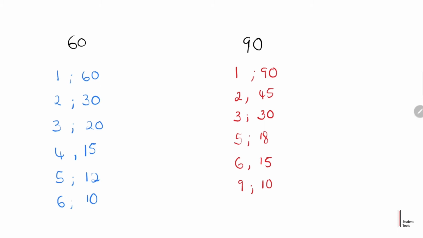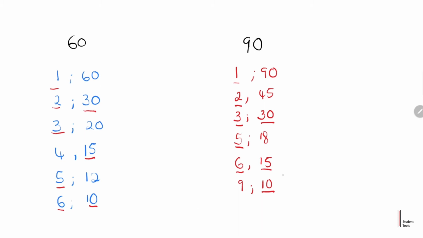Before we get to that, let us first identify the common factors. We have 30 and 30, that's common. We have 3 and 3, 2 and 2, obviously 1, 15, 6 and 5, and 10 as the common factors.